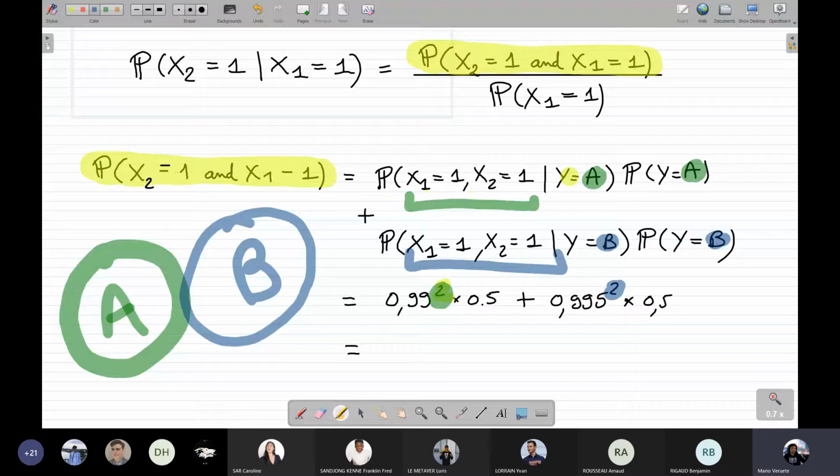And I get something like 0.985, etc. We don't care about the decimals here. Is it clear for you? This is the numerator of the fraction.